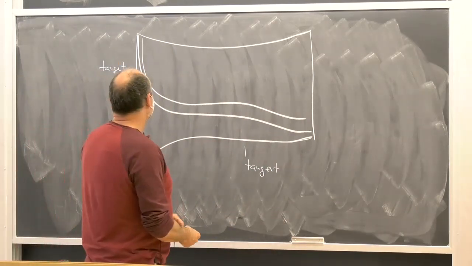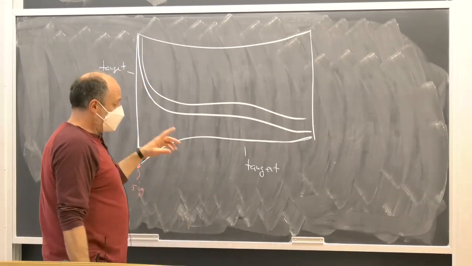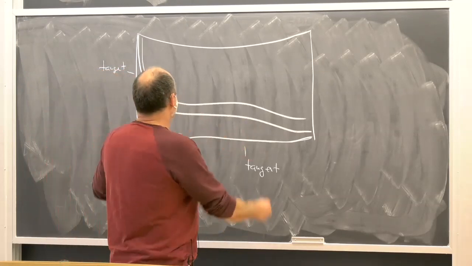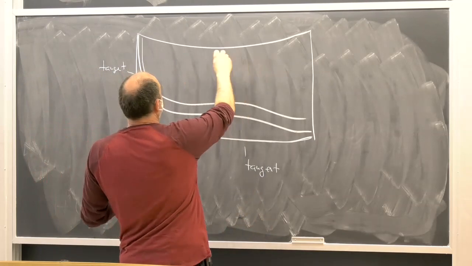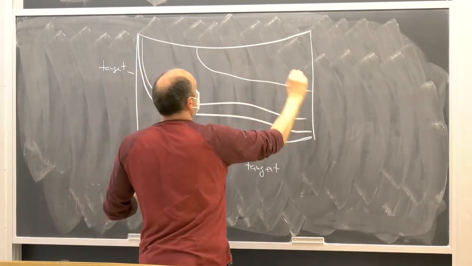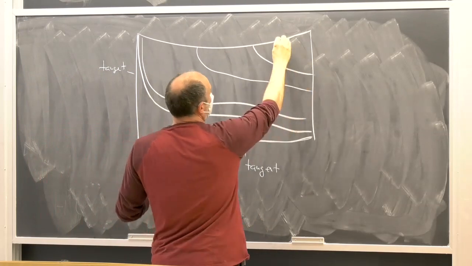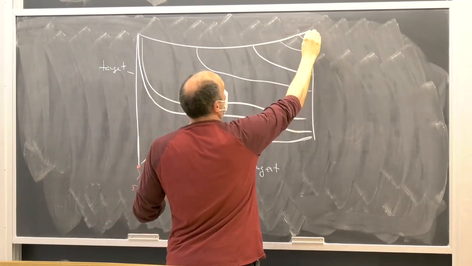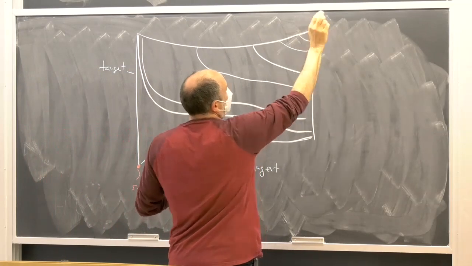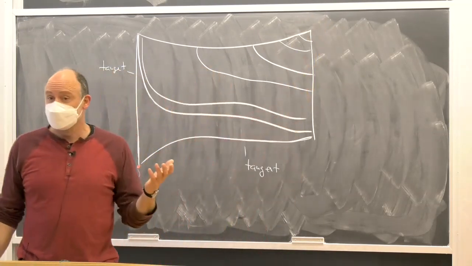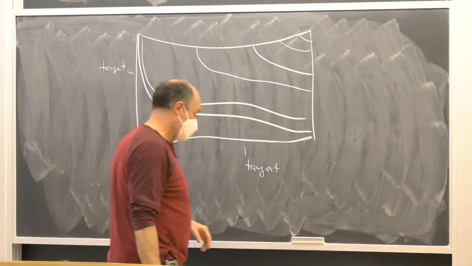Okay. And so in a situation like this, every point here gets mapped to a point over here. There's no other choice. Okay. And then this guy might be singular or not. We don't know that at this point.